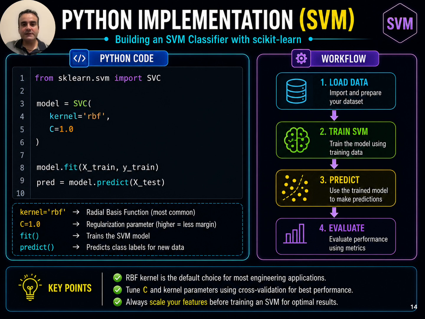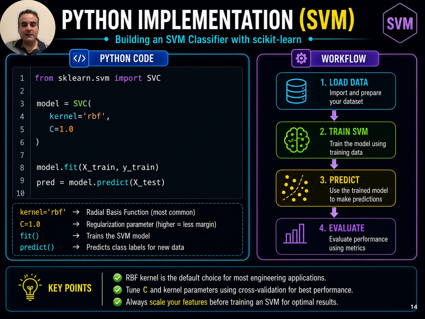The parameter C controls the trade-off between maximizing the margin and minimizing classification errors. After defining the model, the fit function trains it using the training dataset. The predict function is then used to classify new observations. Finally, model performance can be evaluated using metrics such as accuracy, precision, recall, and F1 score.